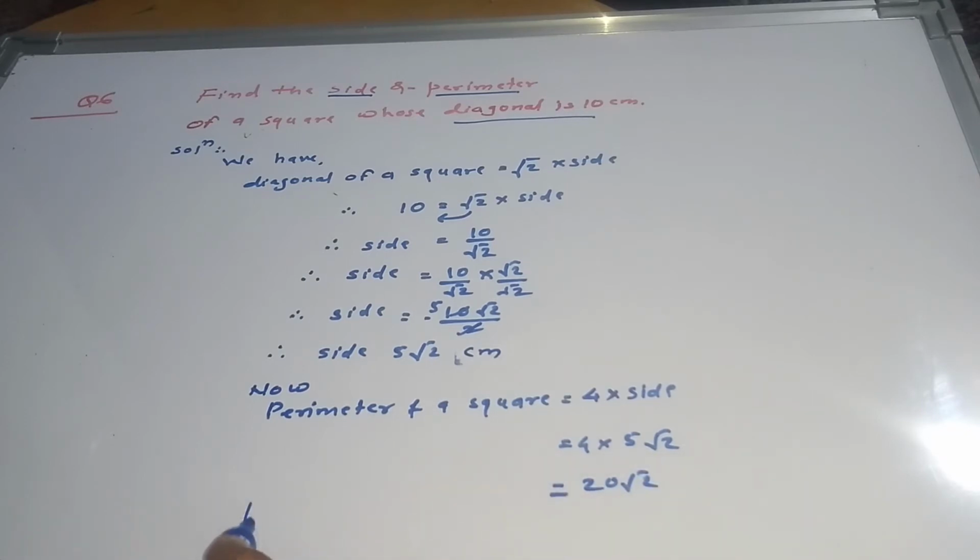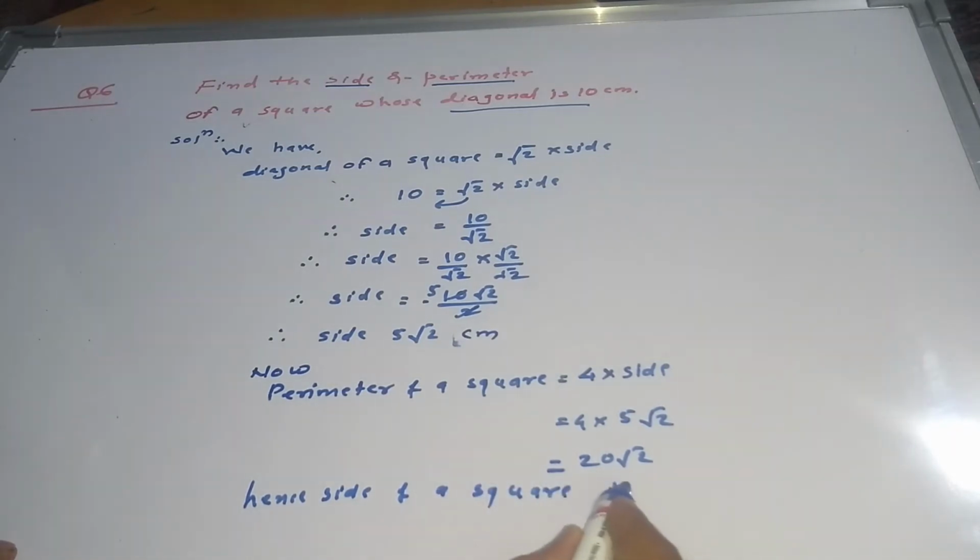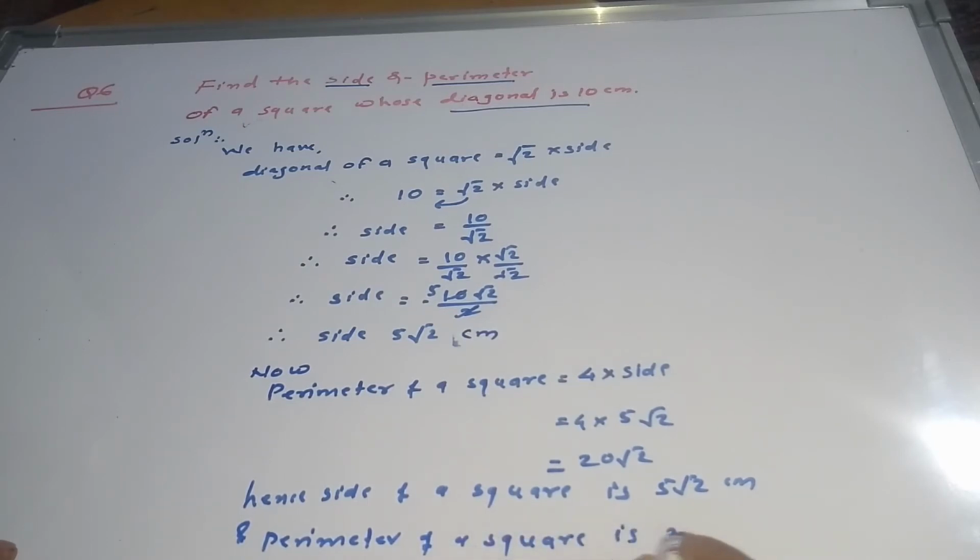Hence side of a square is 5 √2 centimeter and perimeter of a square is 20 √2 centimeter.